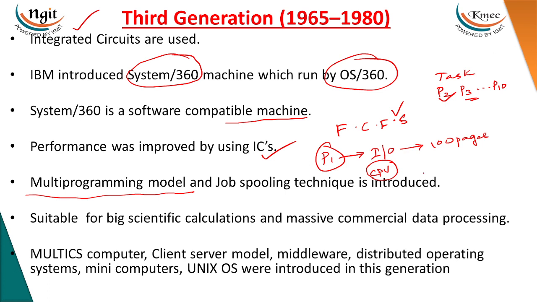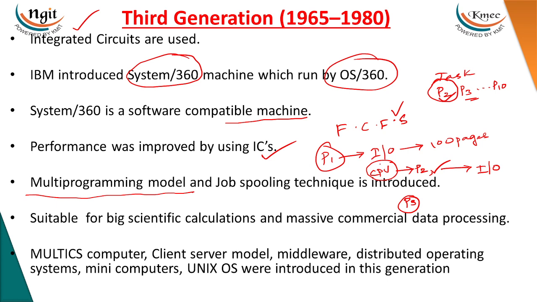So what will we do? Whenever a process goes for IO, that is, taking printouts, the next process in the queue will be loaded to the CPU. So the CPU will execute P2. If P2 also goes for IO, then the next process in the list, P3, will enter the CPU and start executing its instructions.